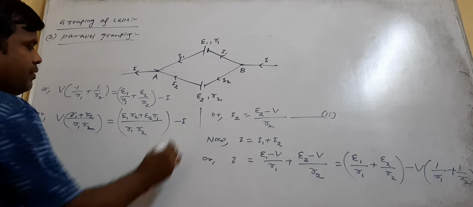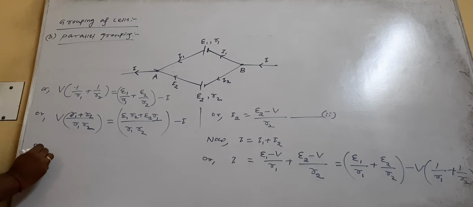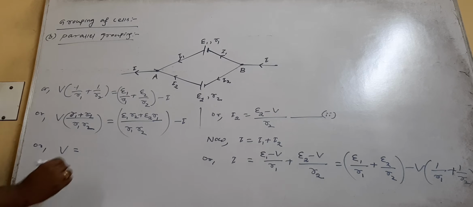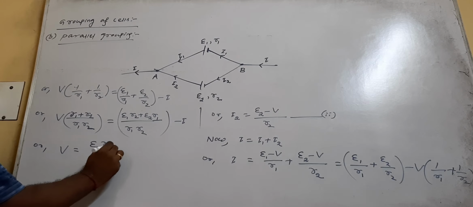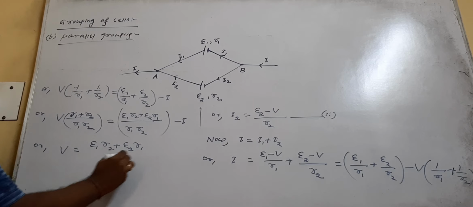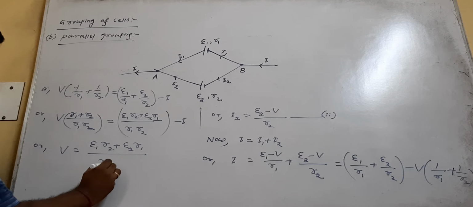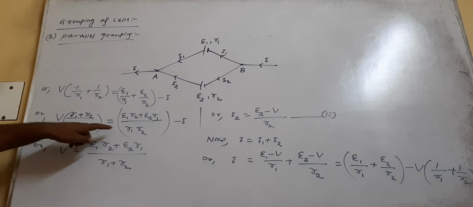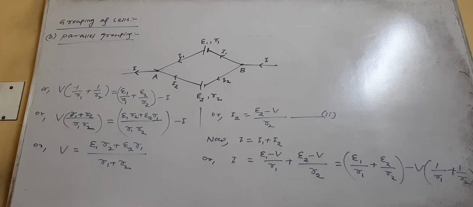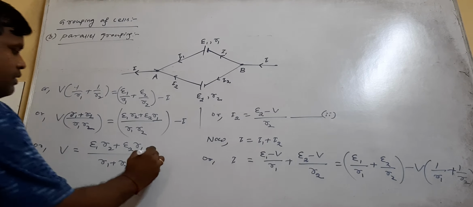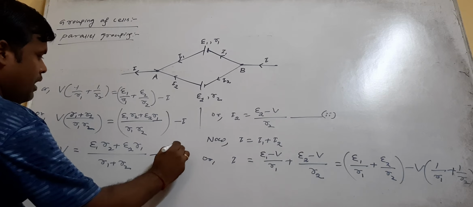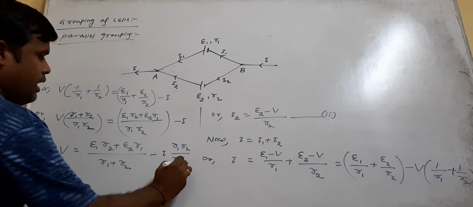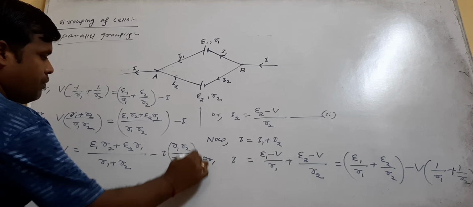minus I, or V is equal to E1 R2 plus E2 R1 divided by R1 plus R2, because this R1 R2 can be cancelled, minus I R1 R2 by R1 plus R2.